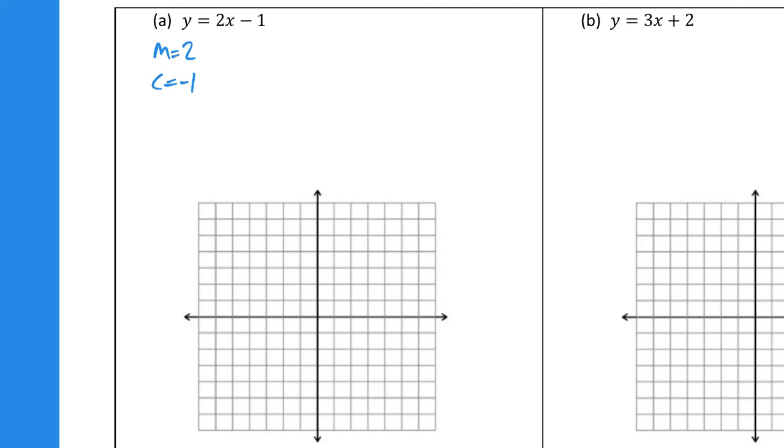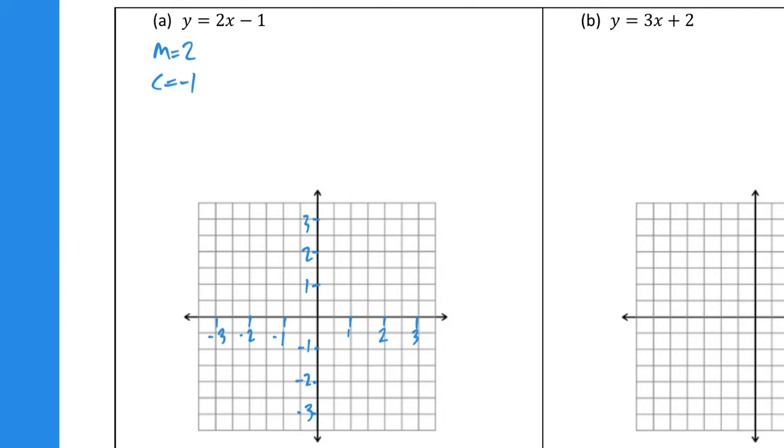I'm going to plot 1, 2, 3 on my vertical, and then minus 1, minus 2, minus 3 still on my vertical axis, and then I'll just do 1, 2, 3 on my horizontal, and again minus 1, minus 2, minus 3 on my horizontal.